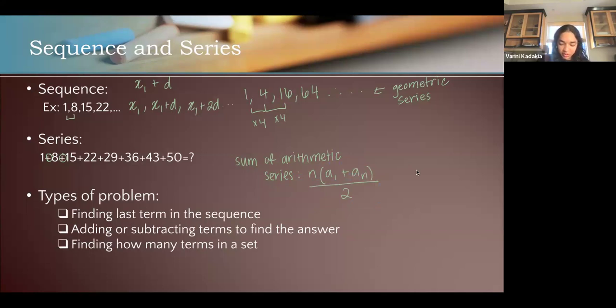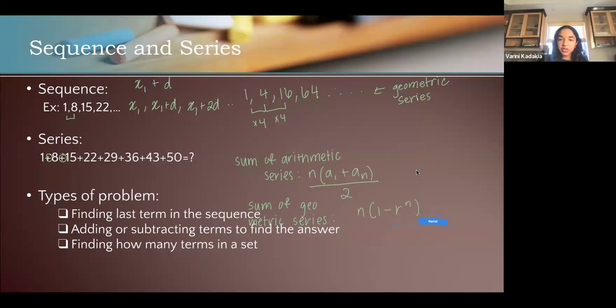And then the sum of a geometric series would be the first term times 1 minus r to the n.